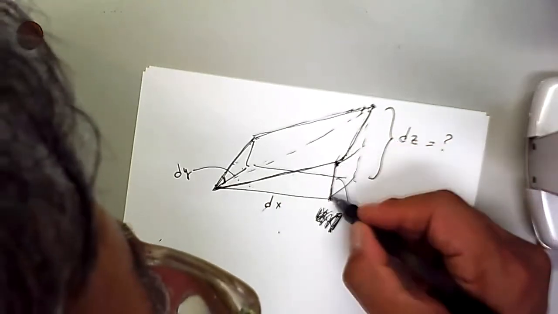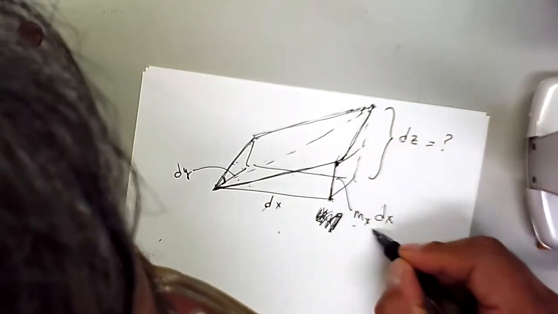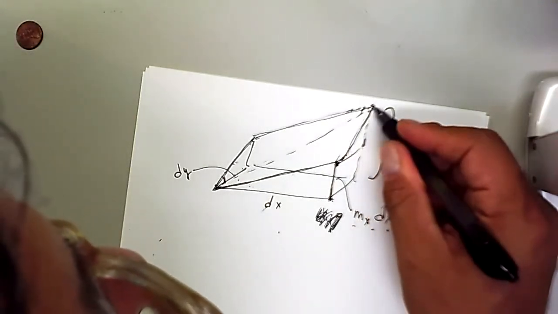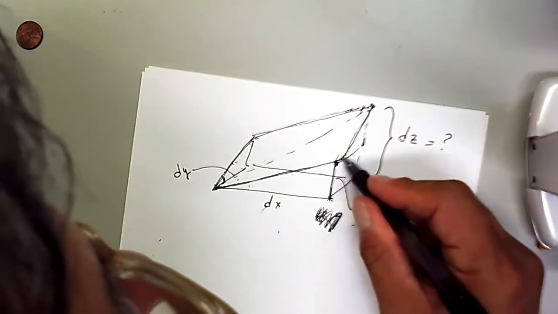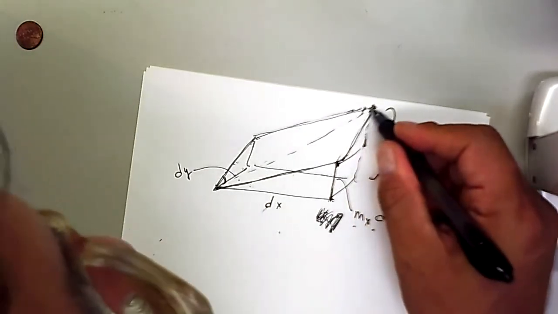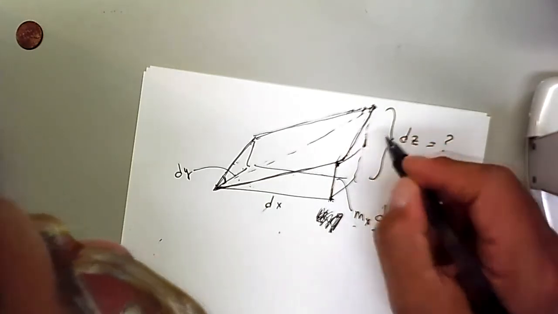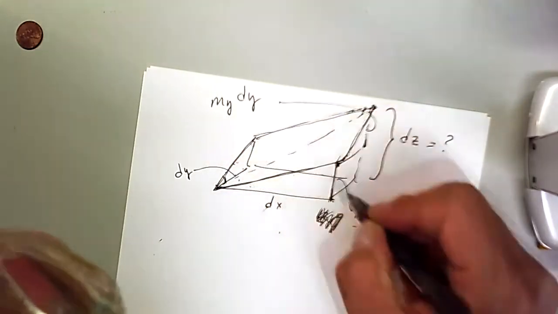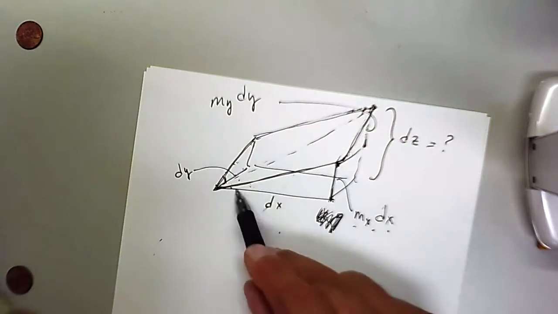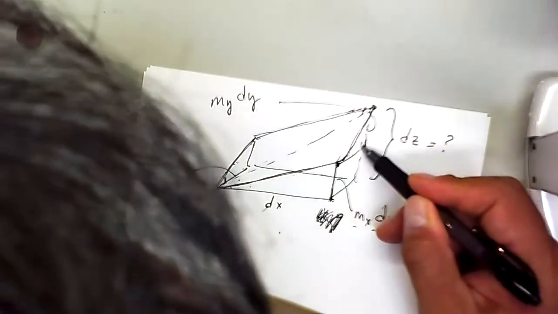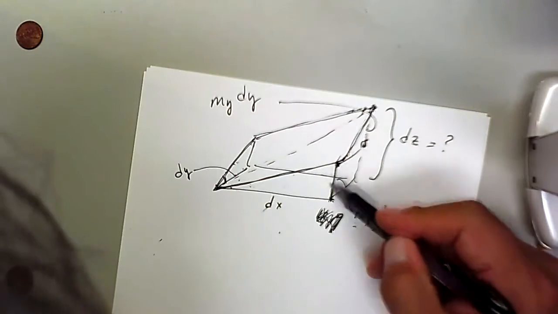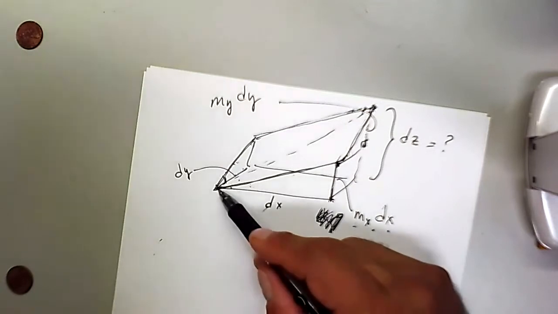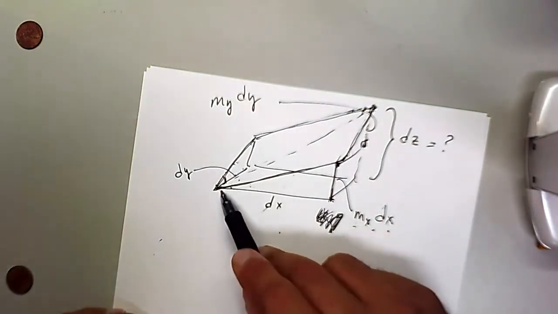So this portion from here to here is m sub x dx, while the portion that is missing to get to the top, so we're climbing up here, going across, and climbing up again, is going to be m sub y dy. It's the same picture as this triangle, except that it's going sideways. So this is a right angle, and the reason is because those are perfectly vertical. This one, that one, and that one are vertical. This one has no vertical because that is the starting point.